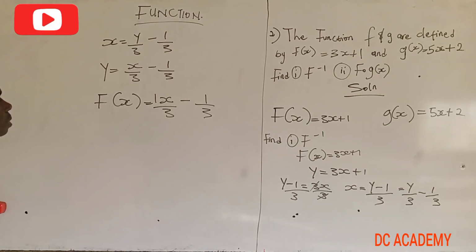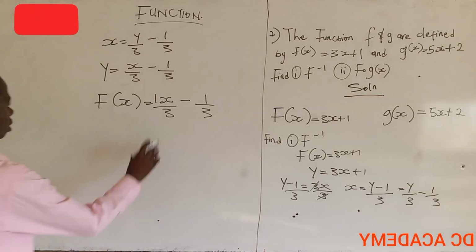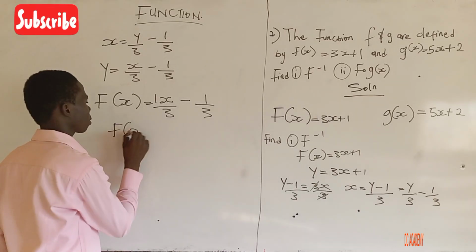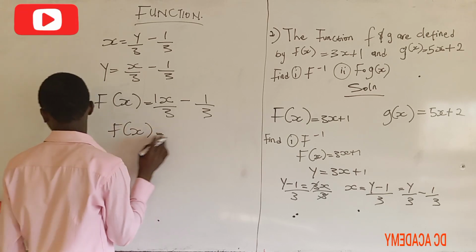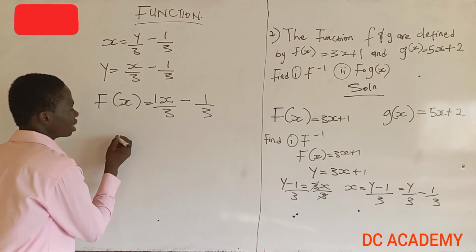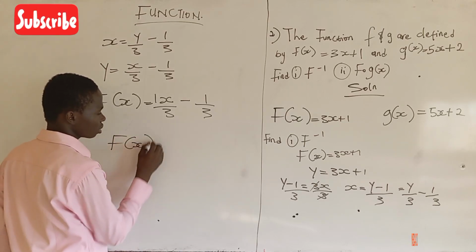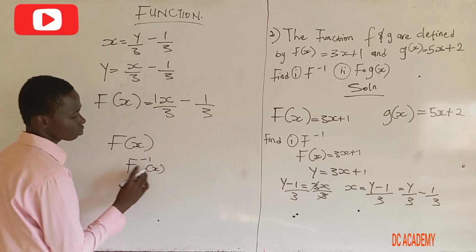You can leave the answer this way, or you can combine it. So this is the answer here. And I said earlier that this f of x is taken as f inverse of x.